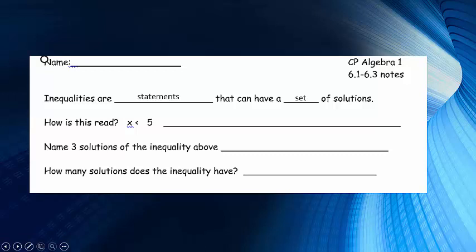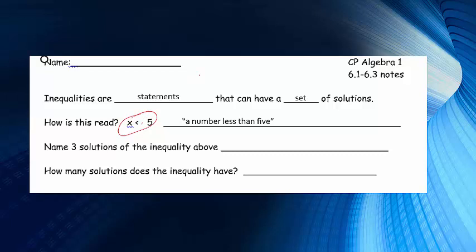So instead of saying x equals 5, so that the answer is 5, I could say x is less than 5, so any number less than 5 is the solution. So it's important whenever we read something like this, x is less than 5, we think, okay, any number that's less than 5 will work as a solution in this statement.